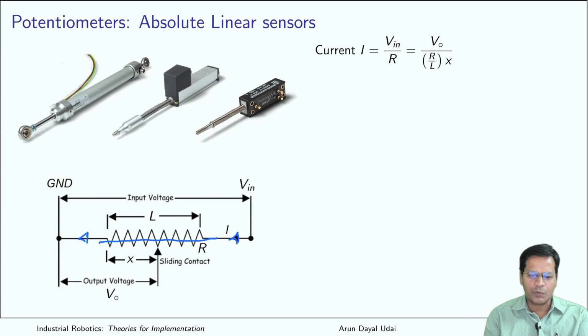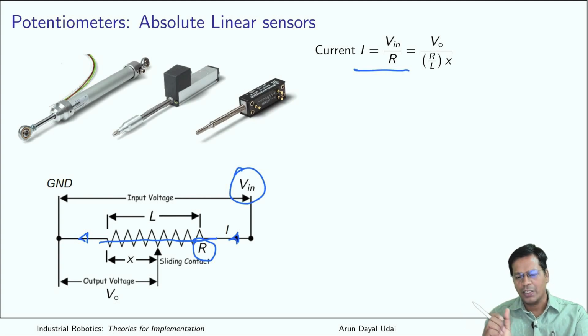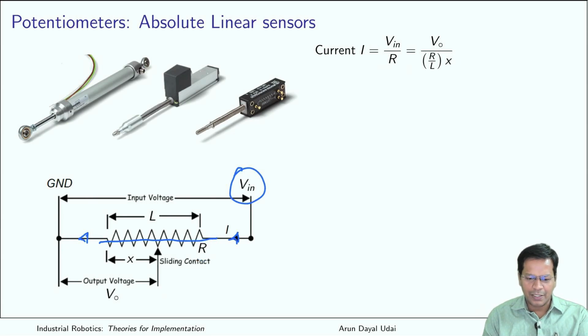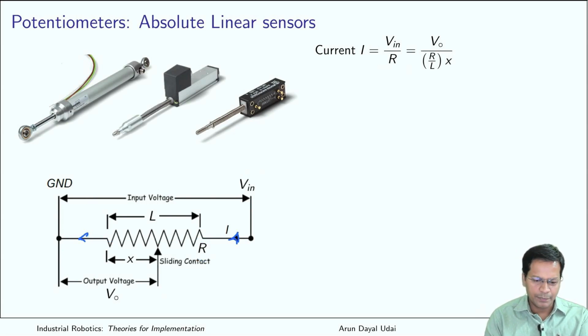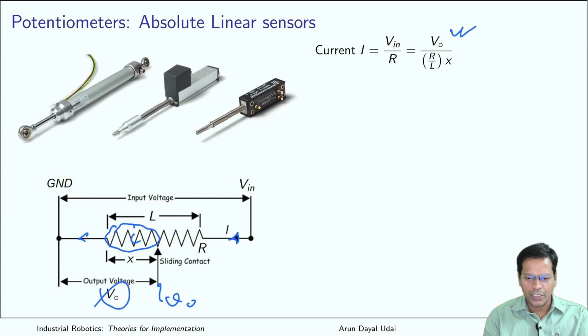First, it is equal to the total voltage input divided by the total resistance, which is R. So this is the current which flows through this small resistance. And if you take it otherwise from here, the current is also equal to the voltage output divided by R by L times X. How is it? It is linearly proportional.